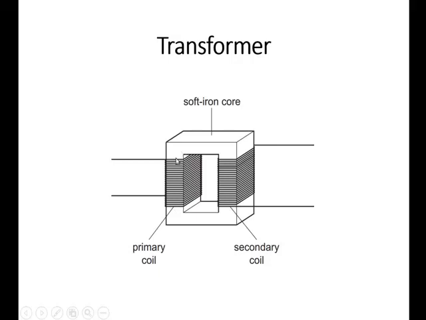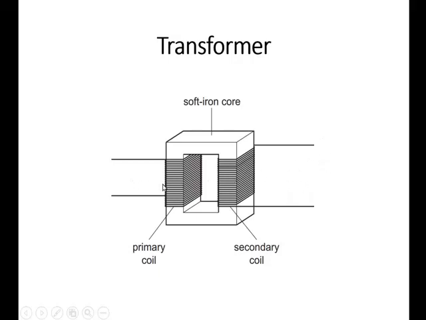So there will be a magnetic field directed through the soft iron core, and the magnetic field will be a closed loop. So if the current is changing, then it will cause the magnetic field through this one to also change. If the magnetic field is changing through this one, then it will induce a corresponding EMF through this wire that will drive current through any load that will be connected here.